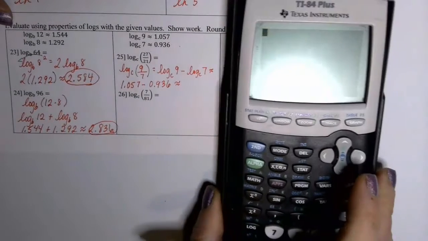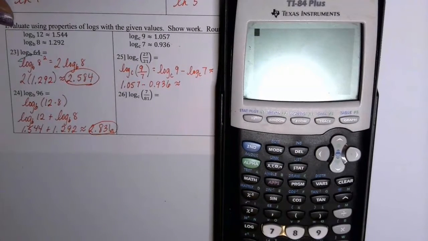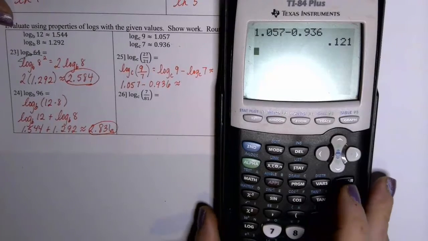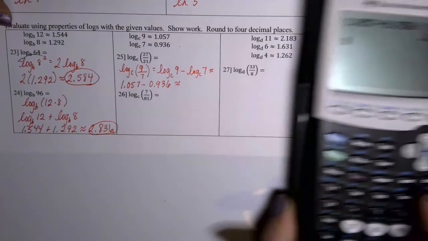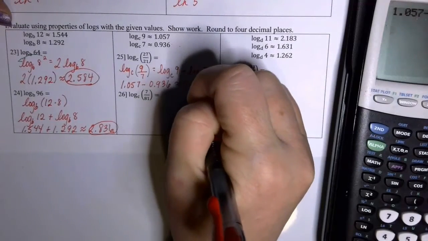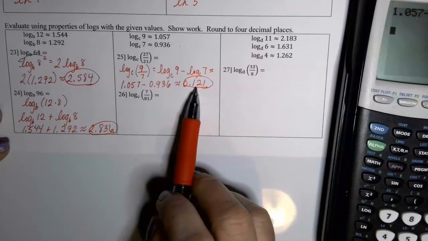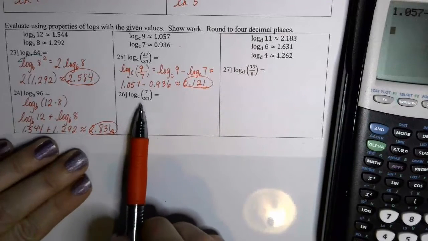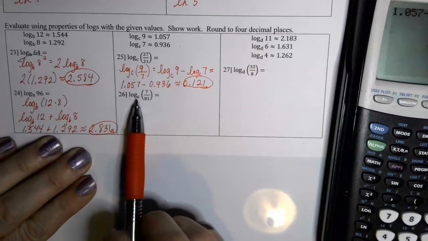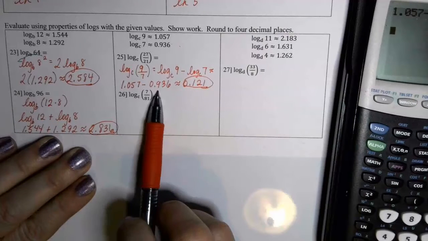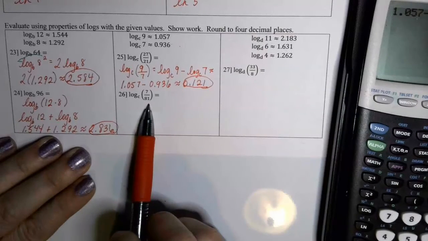And when we subtract those, 1.057 minus 0.936, we get 0.121. So the log base C of 27 over 21 is approximately 0.121. Okay, then in number 26, we want to approximate the log base C of 7 over 81.